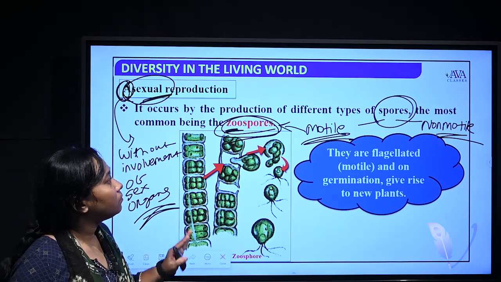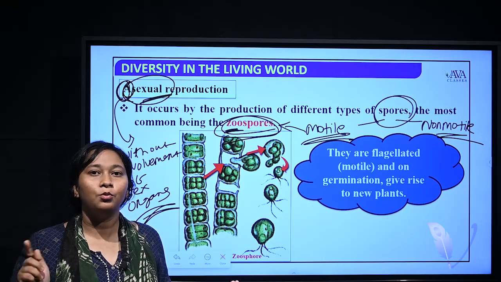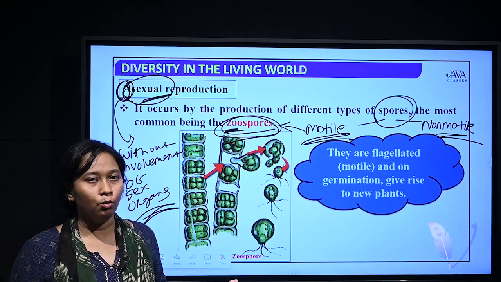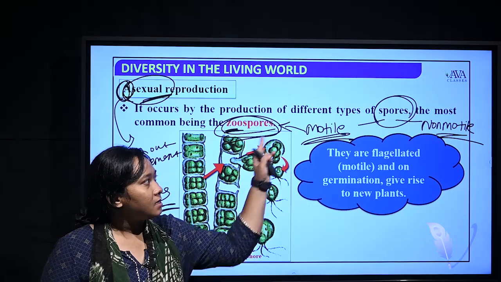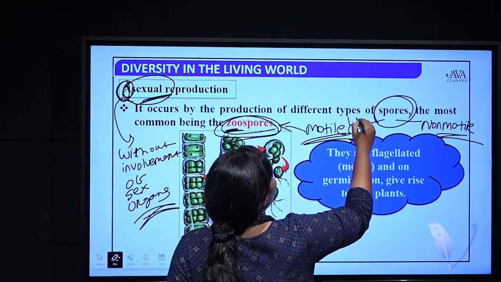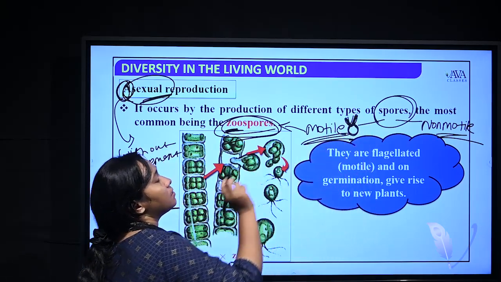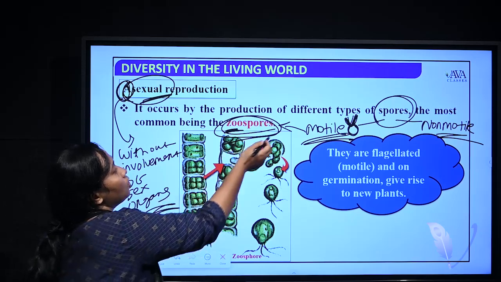So they can move from one place to another. They have the ability to move. As some spores are motile, as some spores have flagella, the locomotory organ in their cell, that's why some spores are called zoospores.